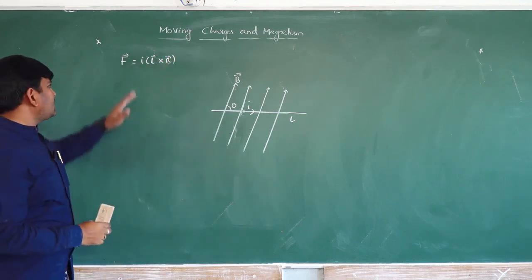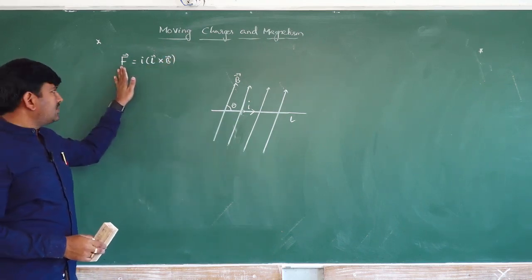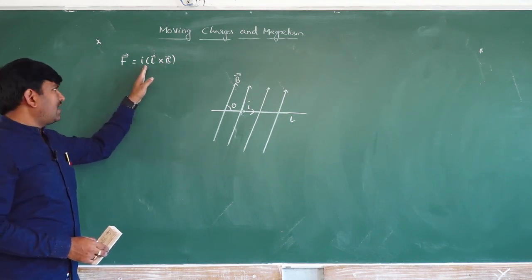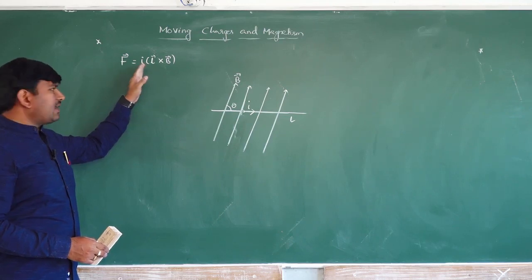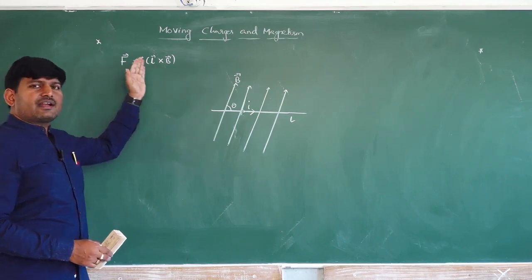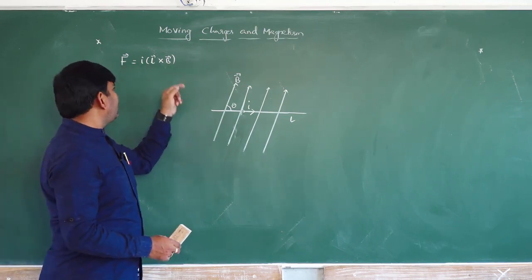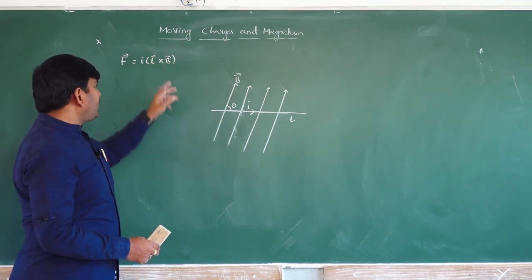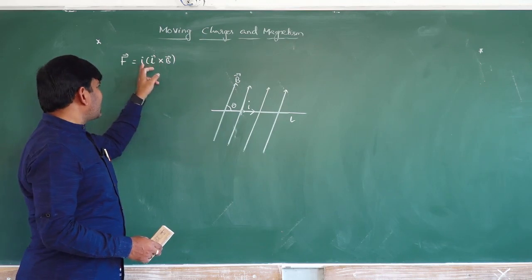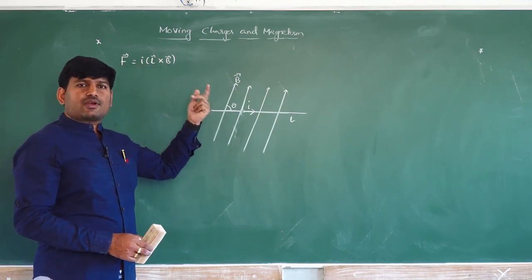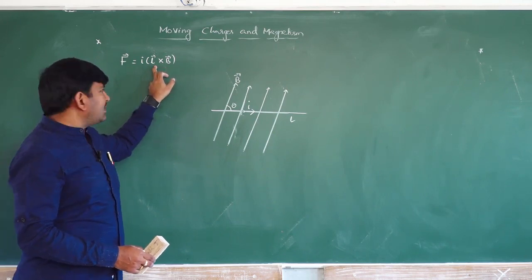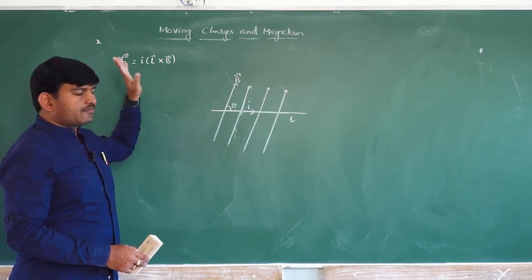Here we know that the left hand side term, that is force, is a vector quantity. Current I is a scalar quantity here. Therefore, if left hand side is a vector, then right hand side must be a vector. So L bar cross B bar represents a vector quantity. B bar being a vector, current being a scalar, then we need to take another quantity which is a vector. Here we are choosing L, that is length, as a vector physical quantity.